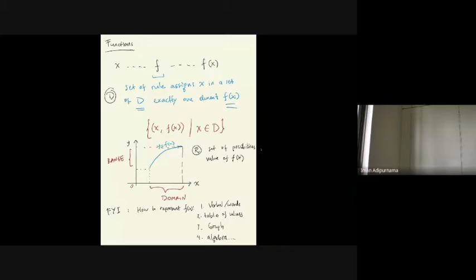By the way, does anyone know what algebra means? When you solve something like x squared plus x equals 0, what you are doing is algebra operations. You know how to use algebra, but literally the word algebra came from Arabic.